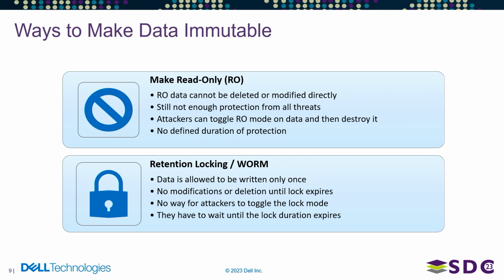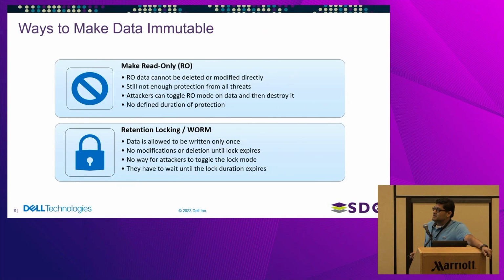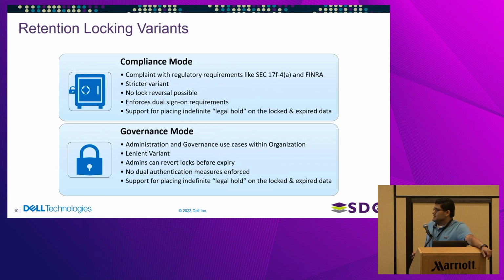We'll talk about it. There are 2 ways to do the retention locking. There is a governance mode and a compliance mode. The governance mode is, I think I talk about that in the next slide. Okay. So the governance mode is less restrictive. This is for the companies that self-impose the retentions.